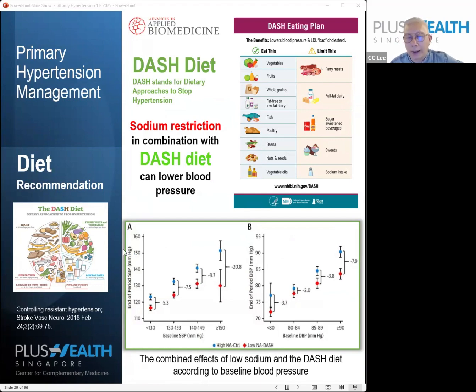Now, here are clinical data confirming how effective the DASH diet is in reducing your blood pressure. Both for the SBP and the DBP, the low sodium DASH diet, the red mark, you can see there is a very significant reduction in the blood pressure.